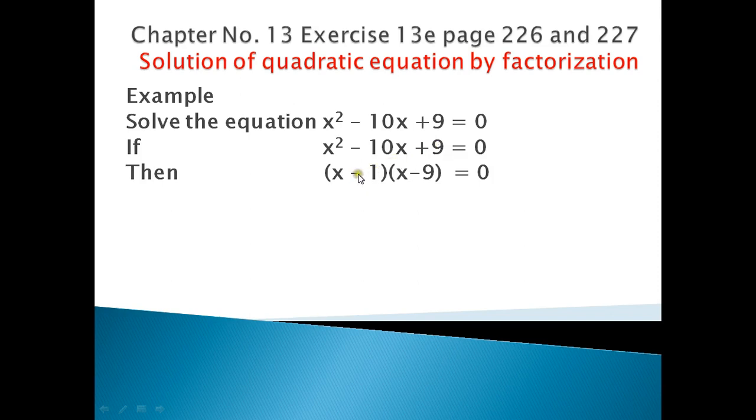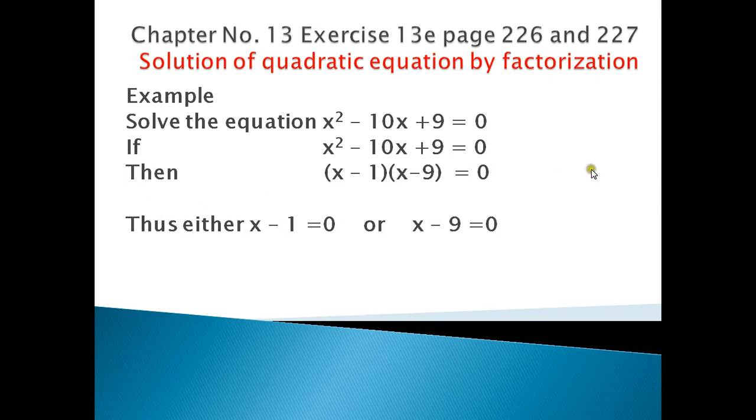When we add minus 1 and minus 9, it becomes minus 10. So it means that we can factorize this. I skip some steps in between for your easiness, because we have a lot of practice with this.